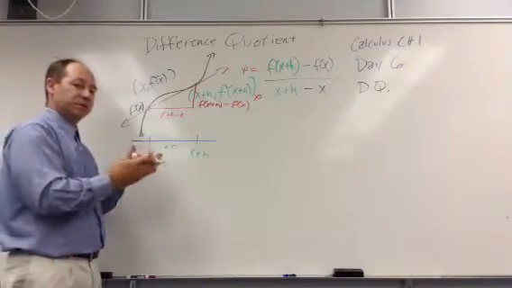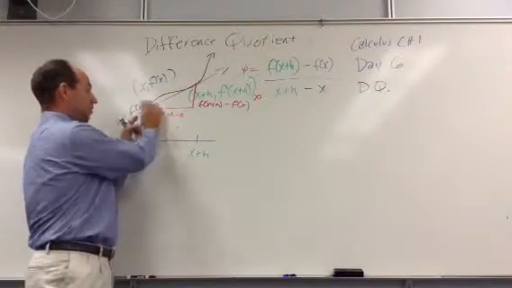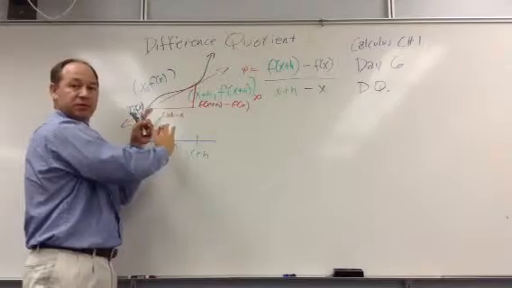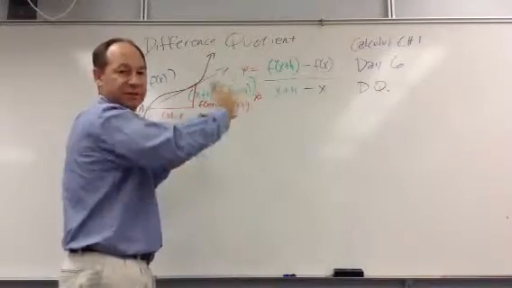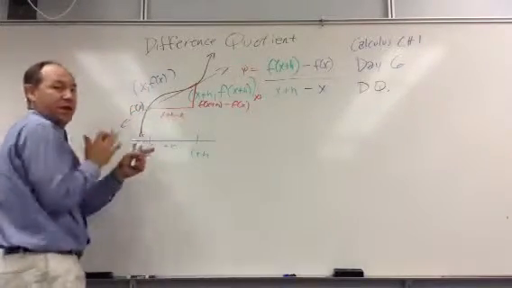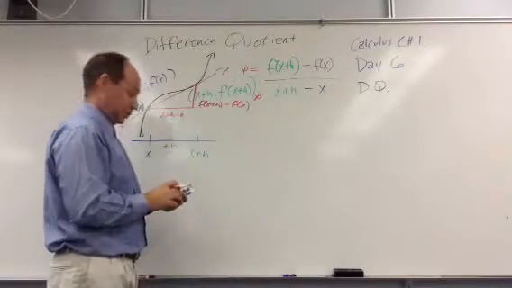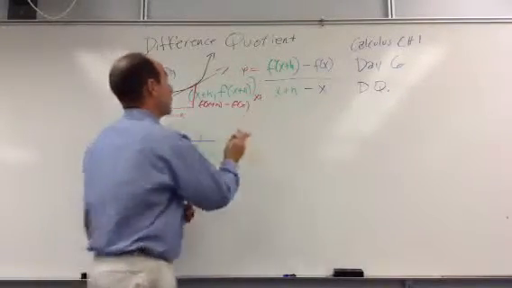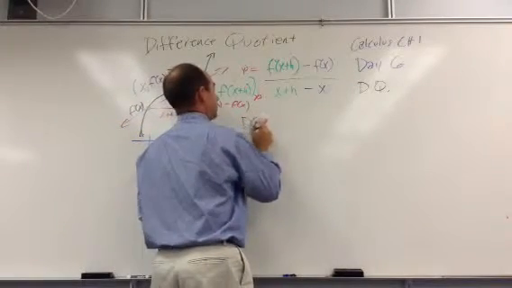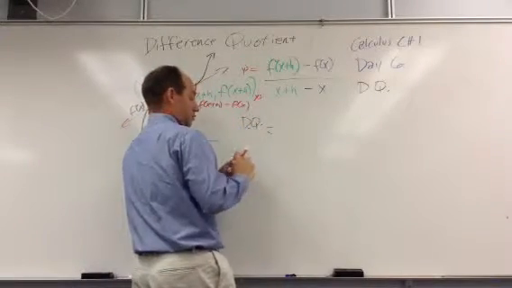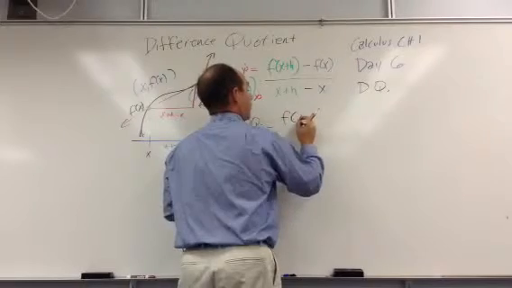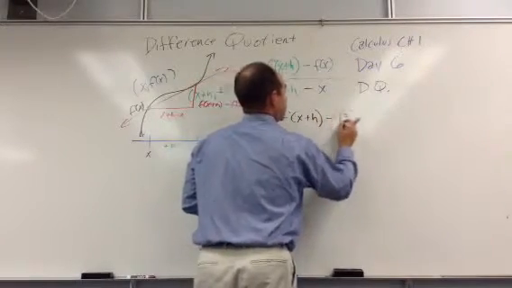And what did we talk about these 2 points? Well, one was on the function, the other one's on the function a little bit further. If h is positive, it's a little bit to the right. If h is negative, it's a little bit to the left. But I don't care, it's just somewhere else. This is what we call the difference quotient. Okay? So, the difference quotient for any function in one of the notations is simply f of x plus h minus f of x.